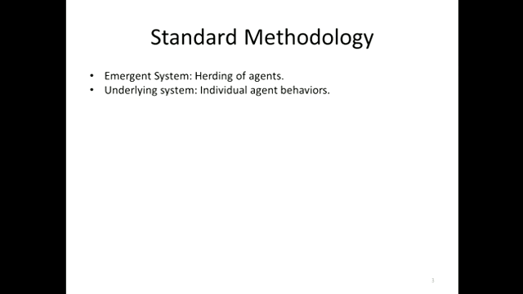I want to contrast that to what I'm sort of calling the standard methodology. Well, I went to the Cosmos workshop this week, and you might call this the Cosmos methodology. You have some emergent system you want to study, say herding behaviors. You identify some underlying system like individual agent behaviors.